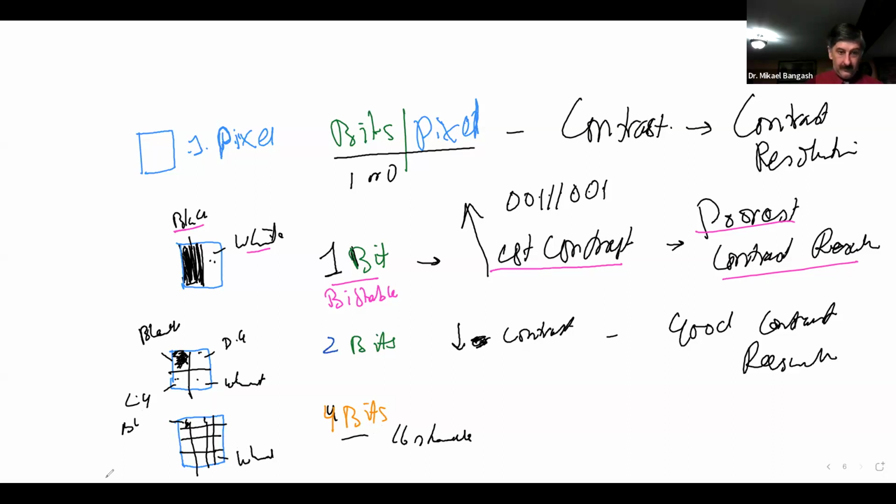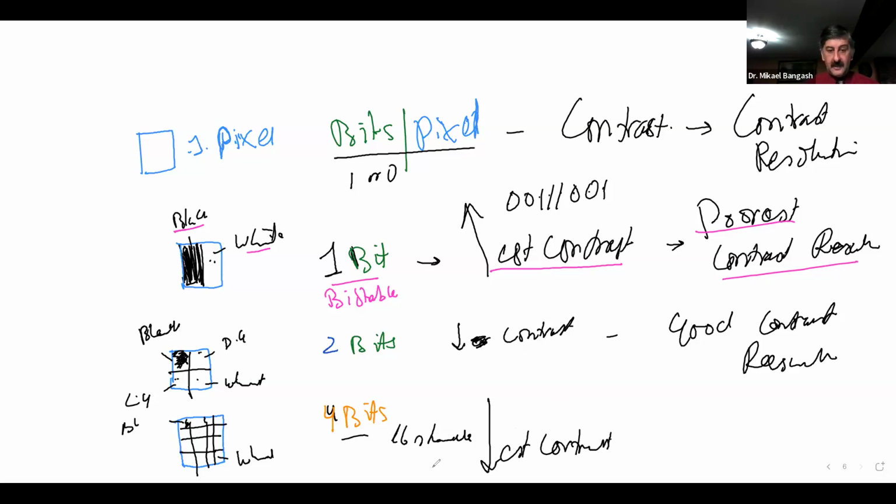But instead of just having 2 shades of gray between black and white, we actually have 14 different shades. The total number of shades or colors that we have available here is going to be 16.